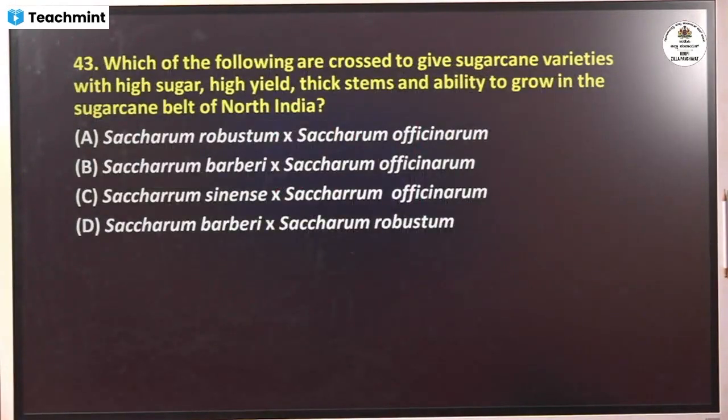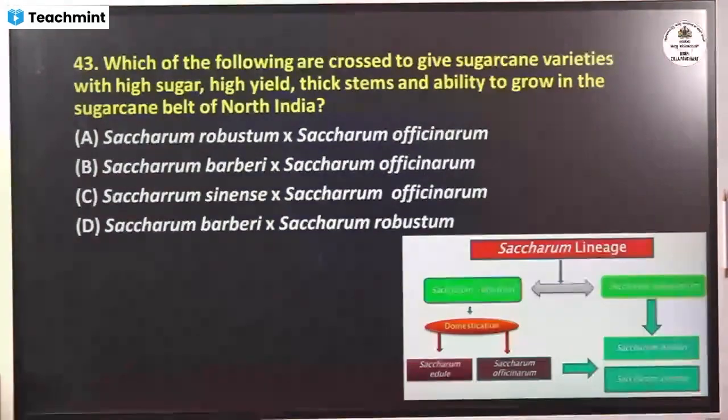Which of the following are crossed to give sugarcane varieties with high sugar, high yield, thick stem, and ability to grow in the sugarcane belt of North India? Saccharum robustum, Saccharum officinarum, Saccharum barberi with Saccharum officinarum, Saccharum sinense with Saccharum officinarum, or Saccharum barberi and Saccharum robustum.